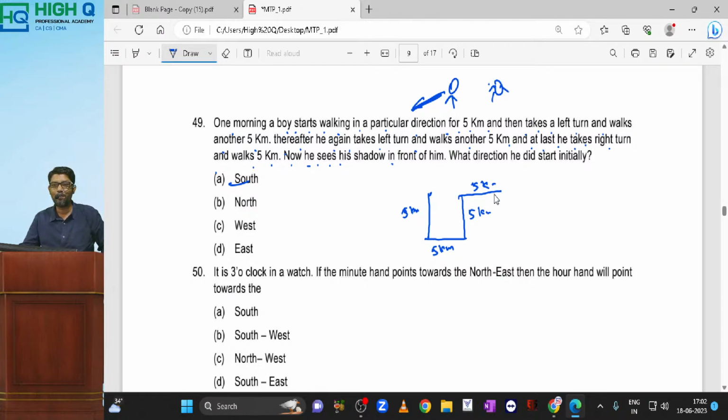No, not possible, because the sun is here. He cannot see the shadow because he is facing this direction, so the shadow is behind him. So he did not start walking towards south, mostly north direction. Then only you will get the answer. Right, my dear? It's opposite. When I use south, the shadow is behind me. So if I use north, the shadow is in front. That's it.